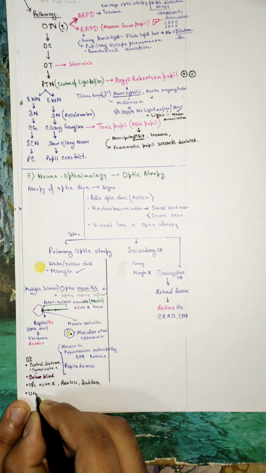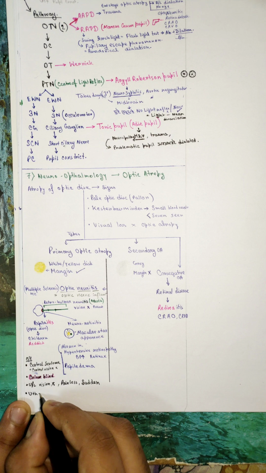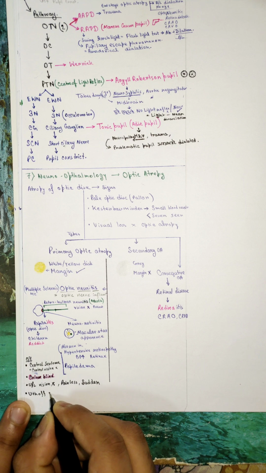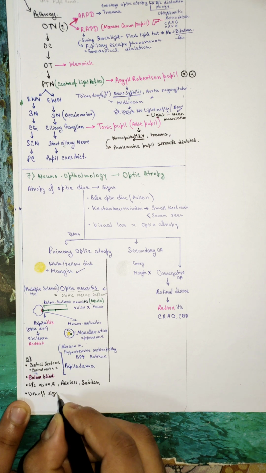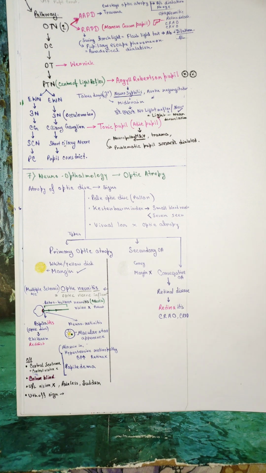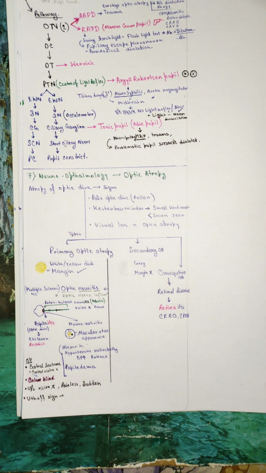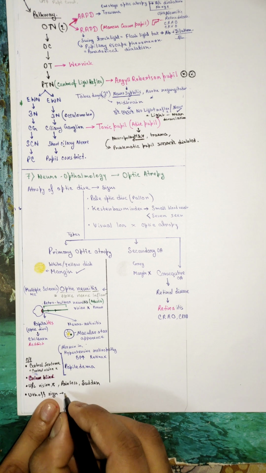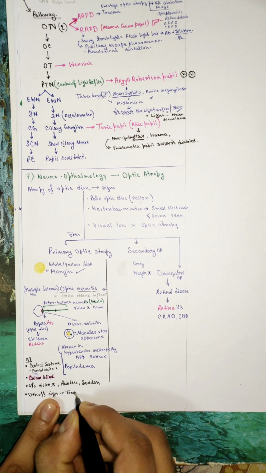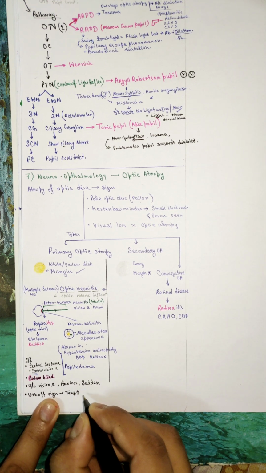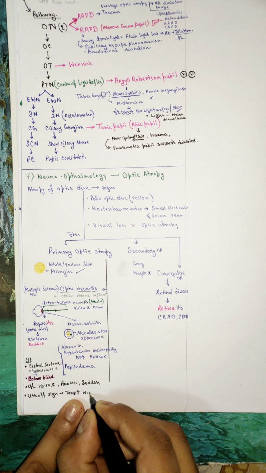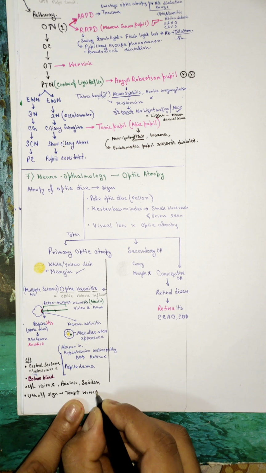Next is Uhthoff's phenomenon. Uhthoff sign, that means on taking a hot bath, the situation actually deteriorates. That is exacerbation on increased body temperature. Okay, so temperature increase, worseness increase.